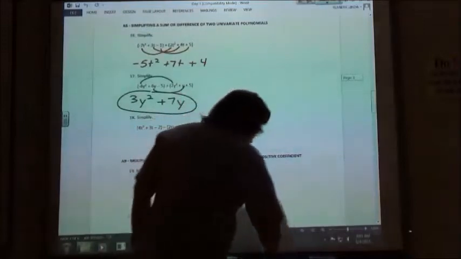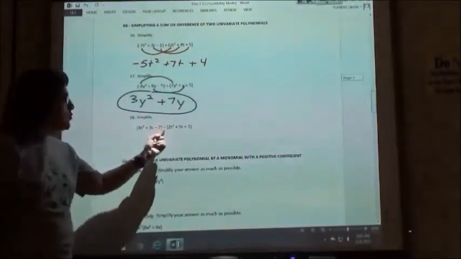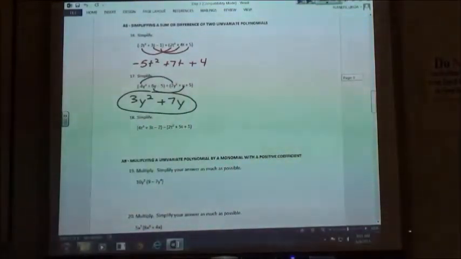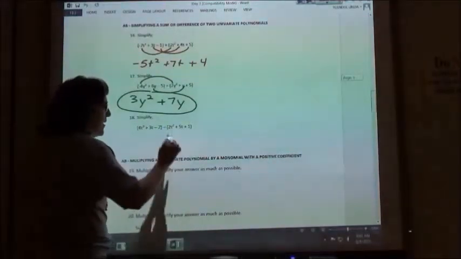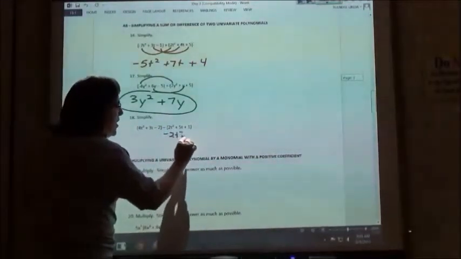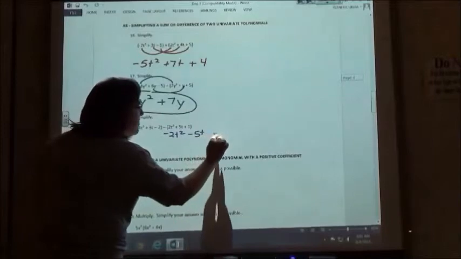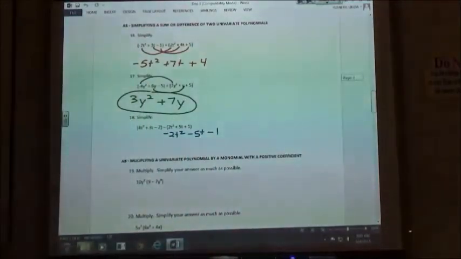Number 18. Since this one has subtracting, technically subtracting is adding the opposite, or you could say, oh, I'm going to multiply by that negative 1 in front of my parentheses. So I would want to change all those signs. Negative 2t squared minus 5t and minus 1, since they were all positive. And then I can go ahead and combine my like terms.